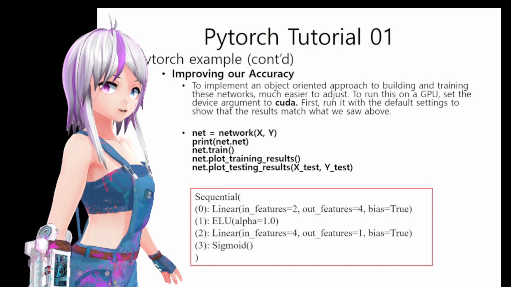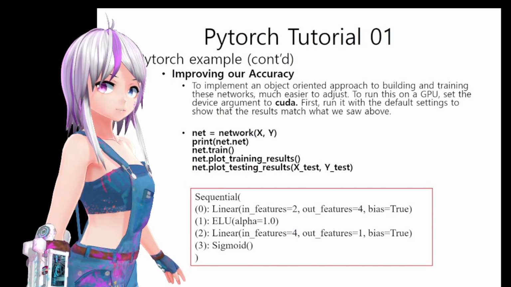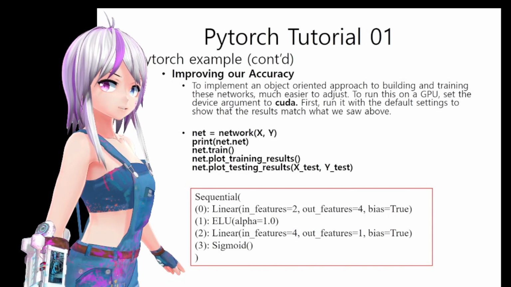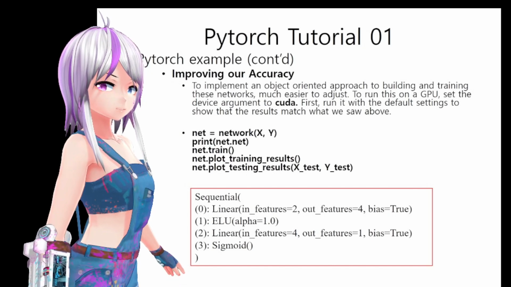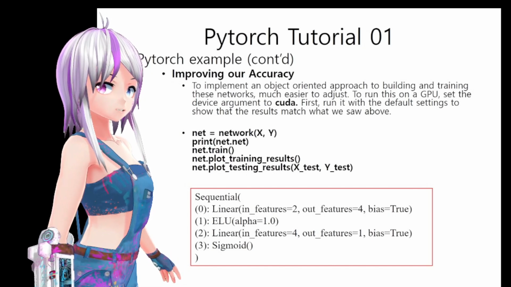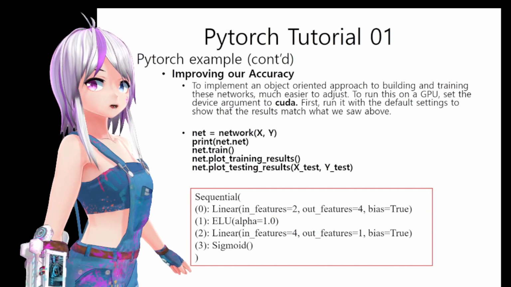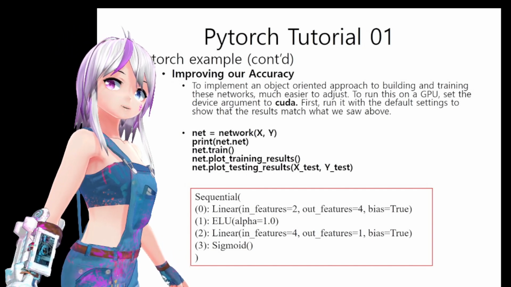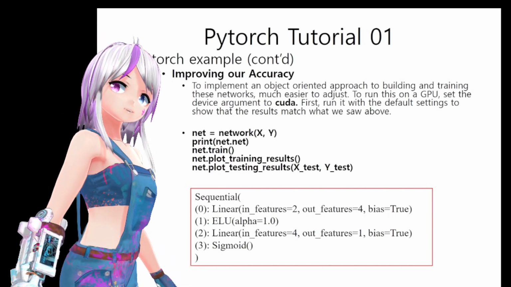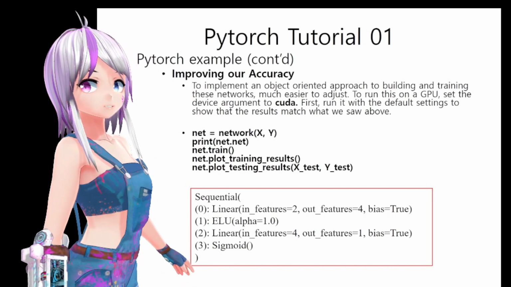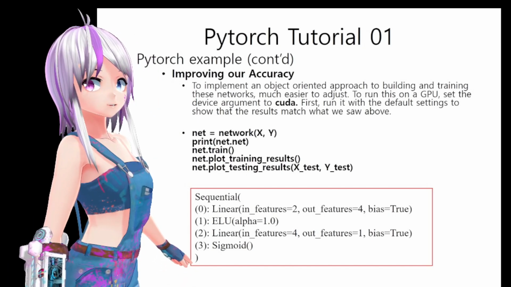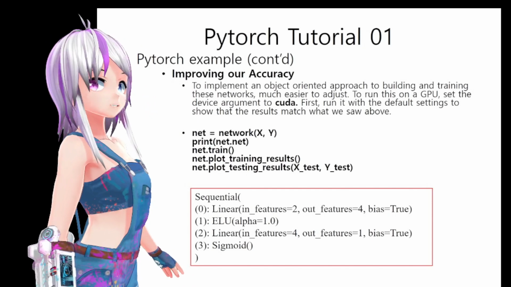To implement an object-oriented approach to building and training these networks makes it much easier to adjust. To run this on a GPU, set the device argument to CUDA. First, run it with the default settings to show the result matches what we saw above.